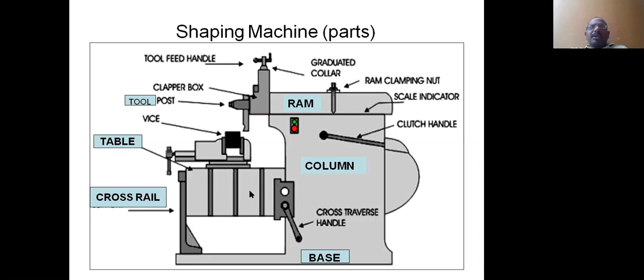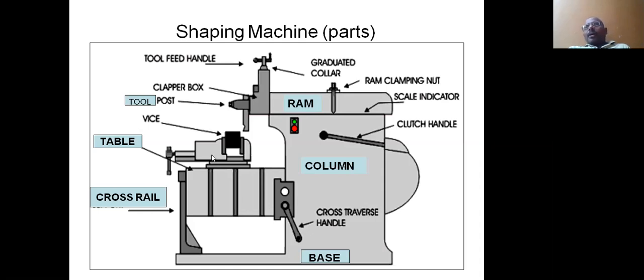So this working table supports a special tool called the vice. The vice's purpose is to hold the job. If the job is a simple one, it is fixed with the help of a vice.